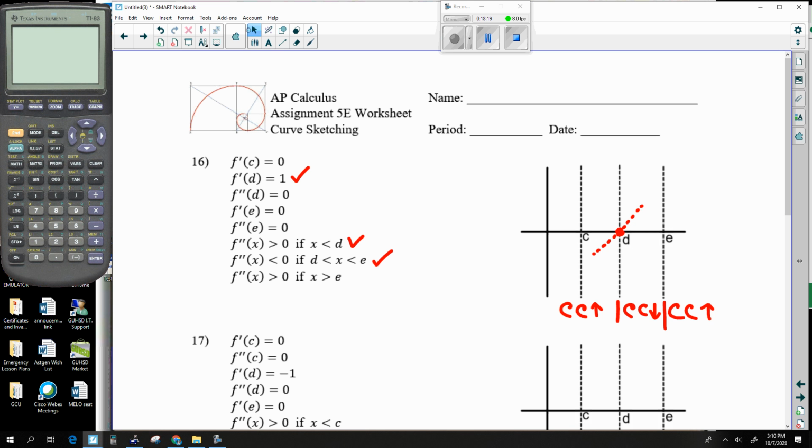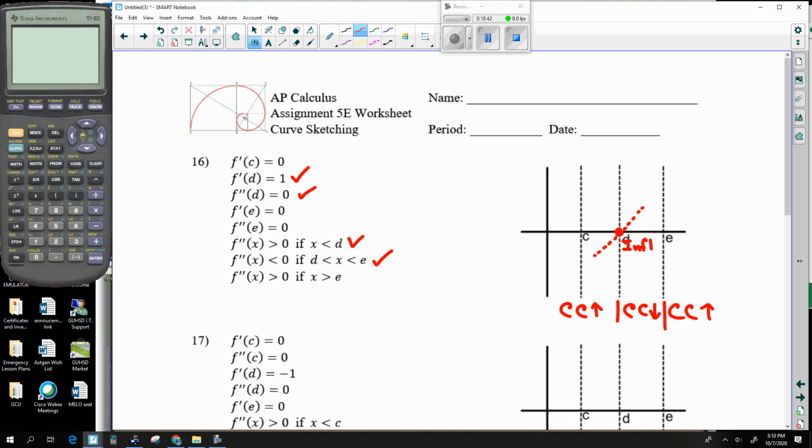Now again, this doesn't have to be at the x-axis. This could be anywhere on D. It doesn't really matter. It's also a point of inflection because the second derivative is equal to 0, and the concavity is switching.